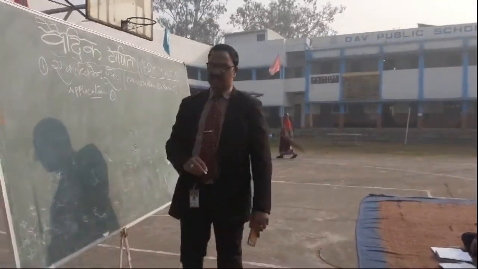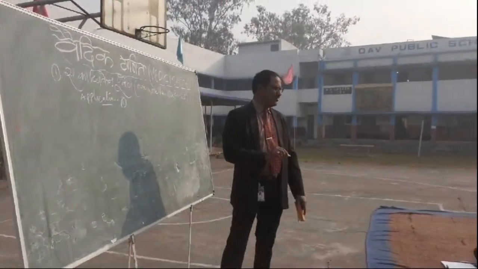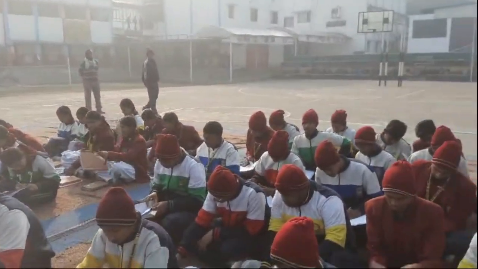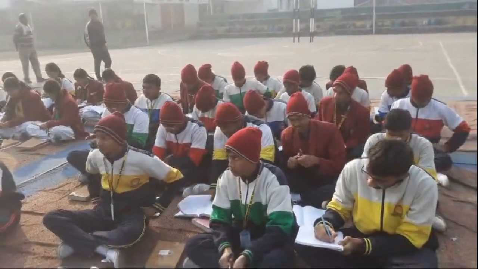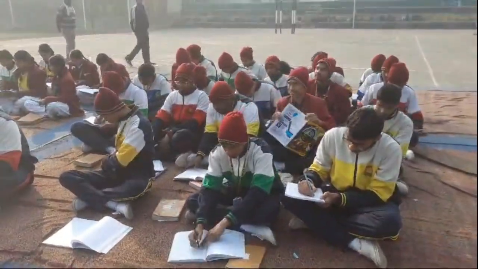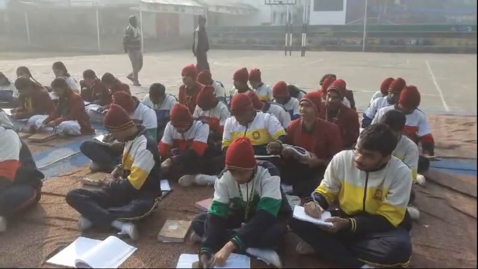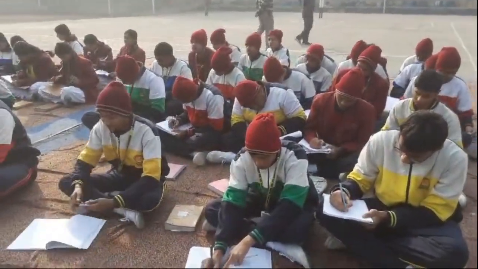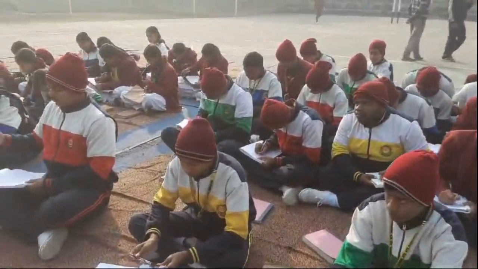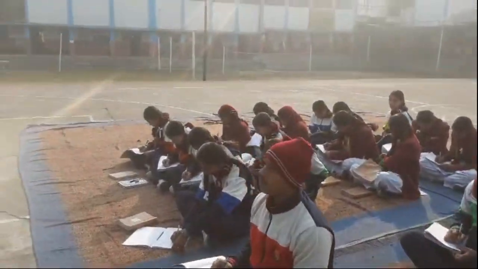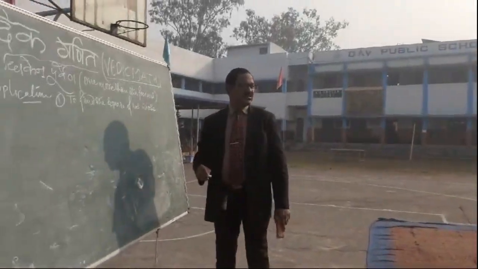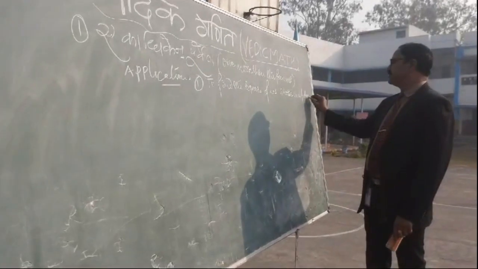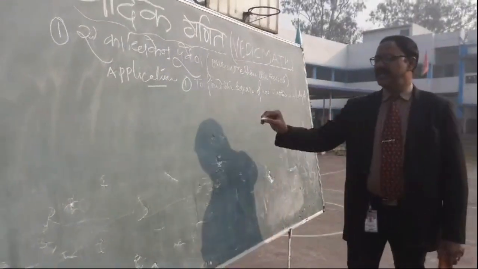First application is to find the square of a number whose unit digit is 5. Note it down.